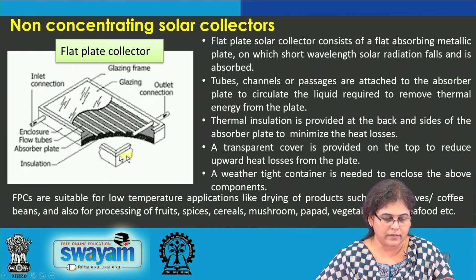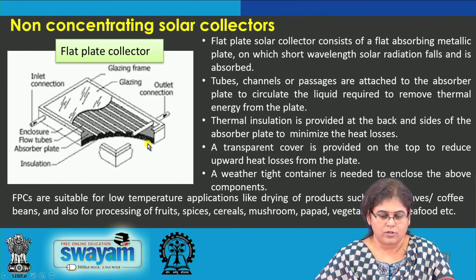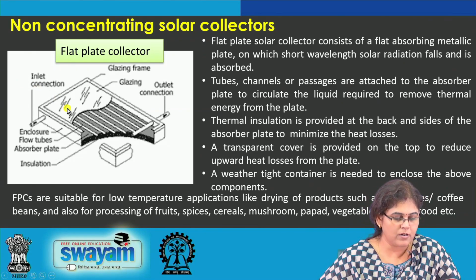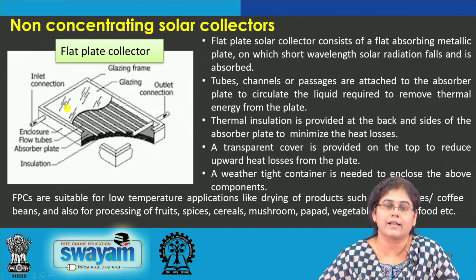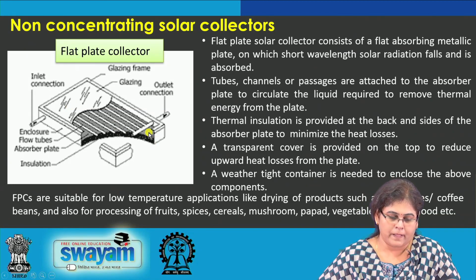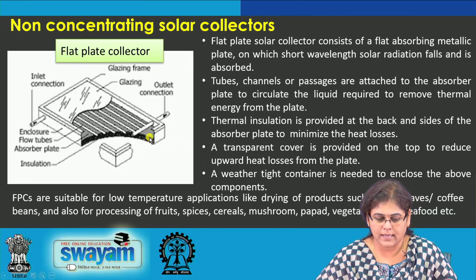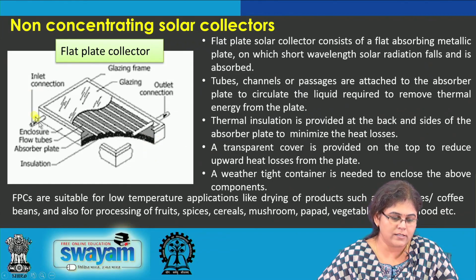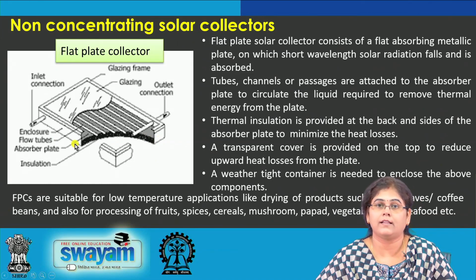On the top of this rectangular box we have a glass cover. The short wavelength radiation falls on the glass cover, some portion of the radiation is reflected back to the atmosphere and the rest is transmitted through the glass cover and falls on the absorber plate. So the absorber plate gets heated, and beneath the absorber plate there is thermal insulation provided at the bottom as well as the sides of the collector in order to prevent any heat loss.